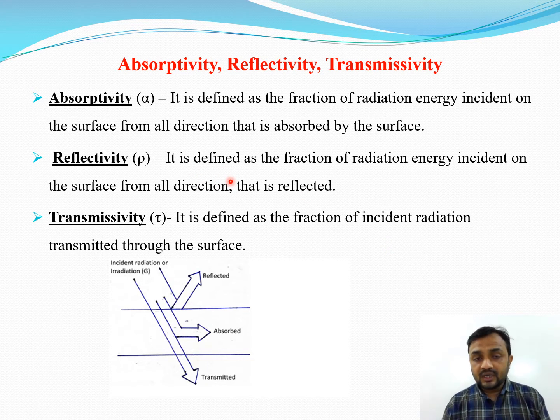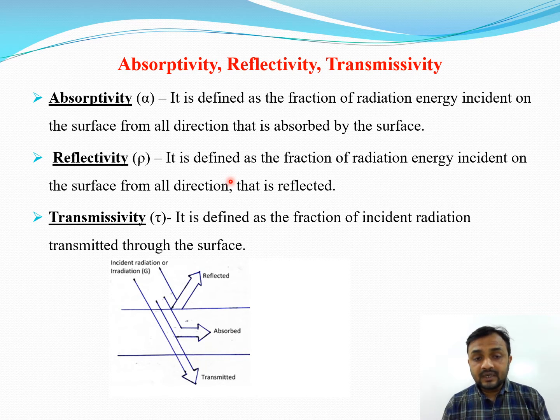It is defined as the fraction of radiation energy incident on the surface from all directions that is absorbed by the surface. Absorptivity means the absorbing capacity of a body. Second one is your reflectivity.